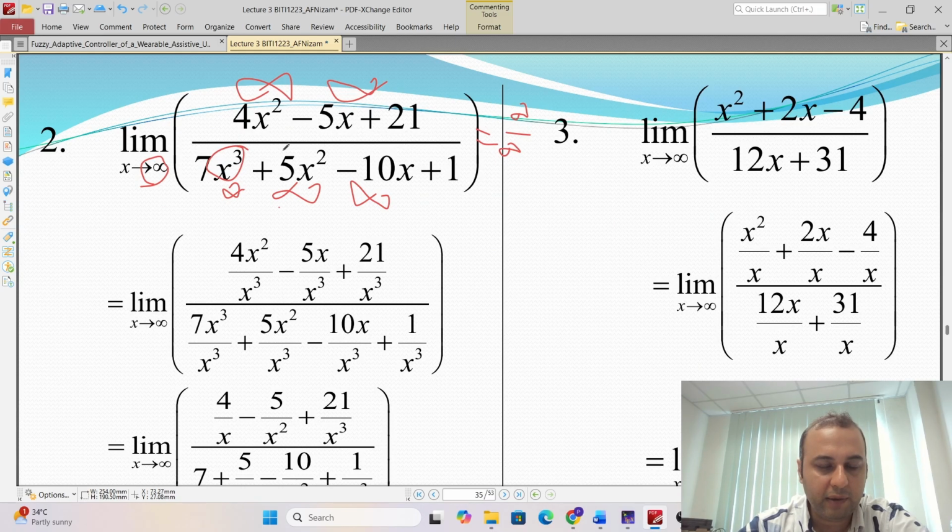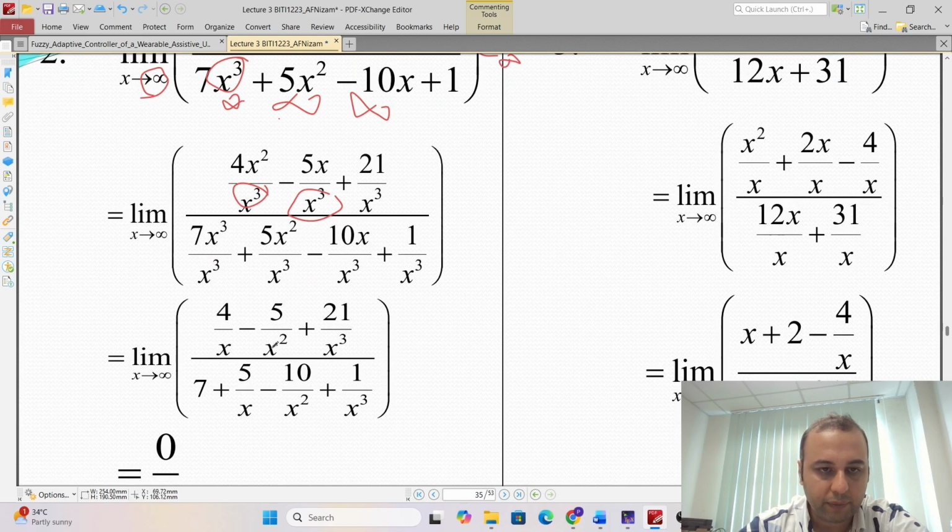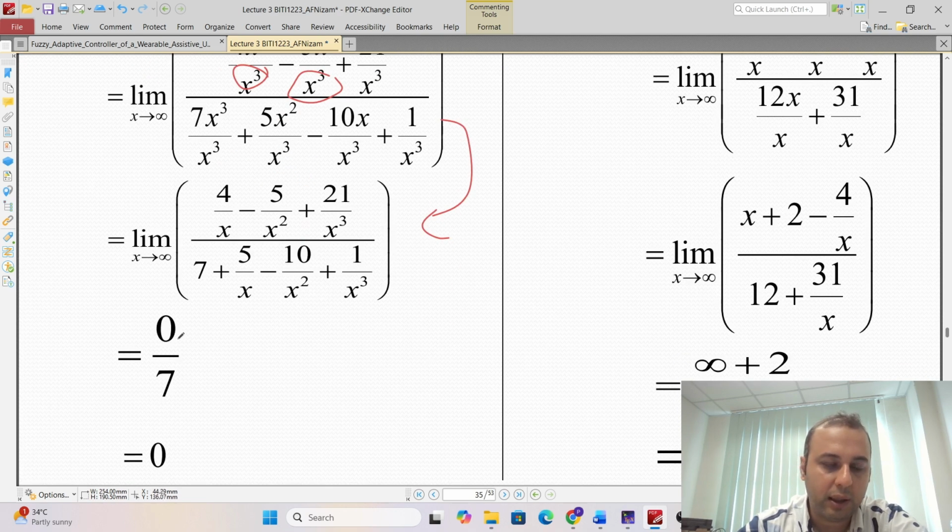So what should I do? Divide all the terms by x^3. After that, I simplify it. After simplifying, I will have this line. Now we can substitute. Will be 0, 0, 0.